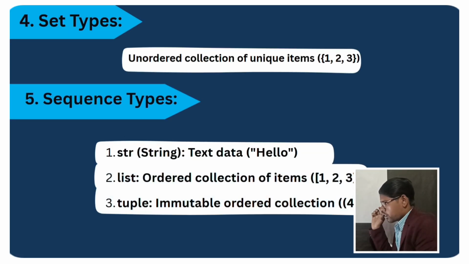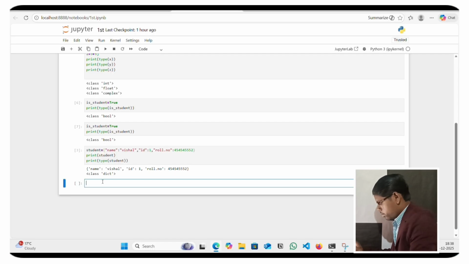Next, set type. A set is an unordered collection of unique items. It cannot contain duplicate items like these. You can see this has duplicate items.